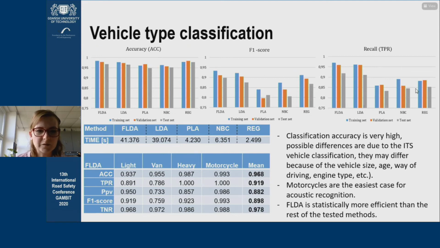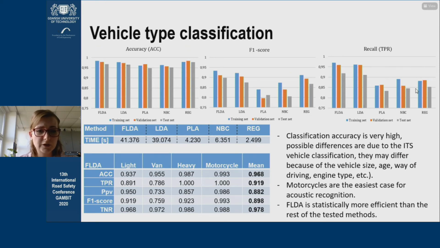It's probably not surprising that the algorithm that took longest to train, in terms of F1 score, was the best. But we came to a conclusion that the algorithm is simply statistically better than all the other algorithms that we tested.